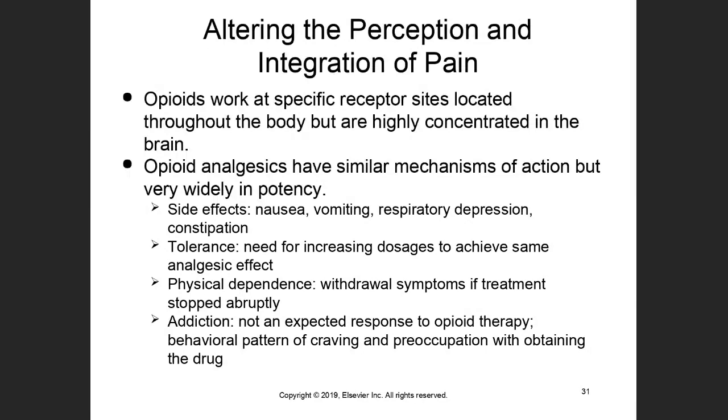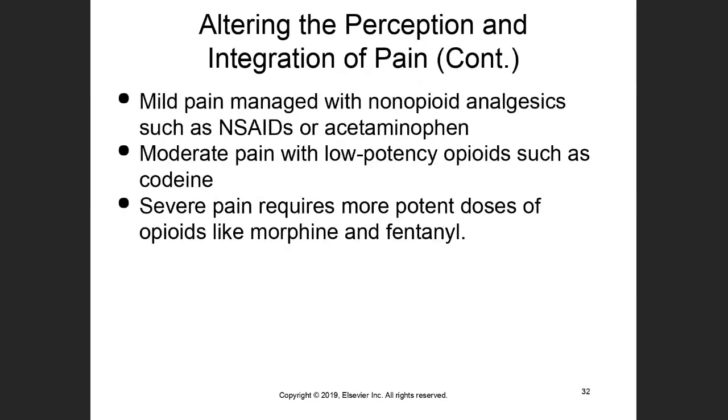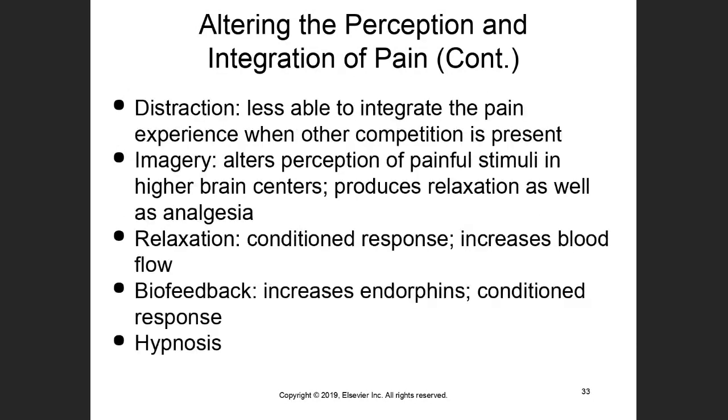That's the worst condition. Tolerance, physical dependence. That's why you have to be very careful when you give opioids to the patient. Mild pain is managed with non-opioid analgesics such as NSAIDs and or acetaminophen. Moderate pain with low-potency opioids such as codeine, and severe pain with morphine and fentanyl.